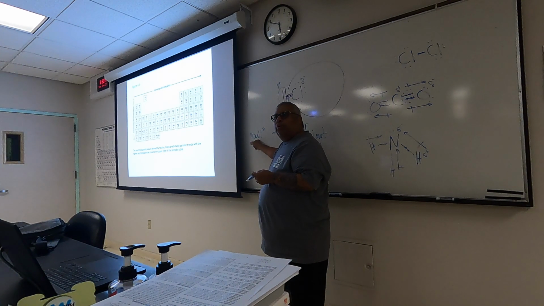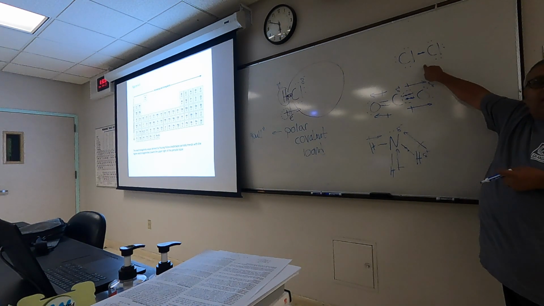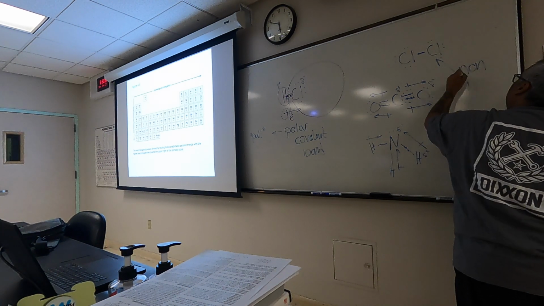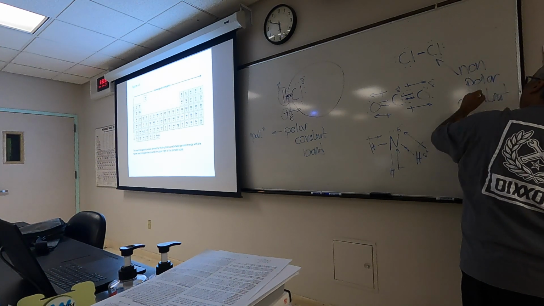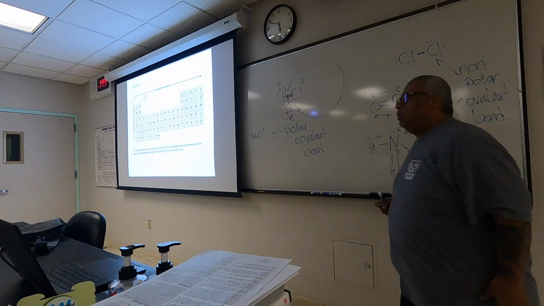We relate the word pull with polarity. If there is no pull here, is this a polar bond? No. This is what we consider a non-polar covalent bond. Non-polar covalent bond.